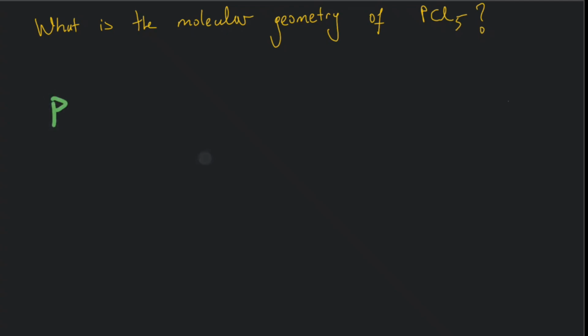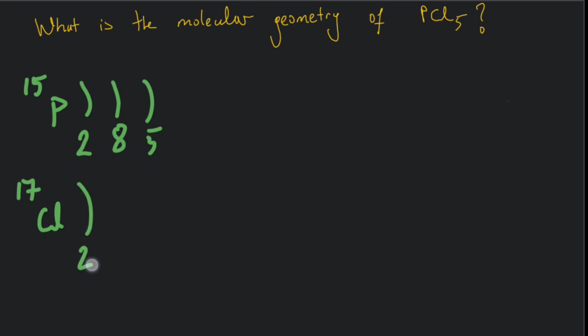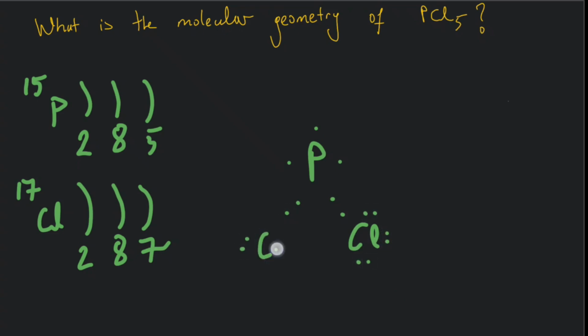Phosphorus has 15 electrons, right? 2, 8, 5. Chlorine has 17 electrons, and this is the electron configuration of chlorine. So I am drawing the Lewis dot structure. Phosphorus has 5 valence electrons, and chlorine has 7.